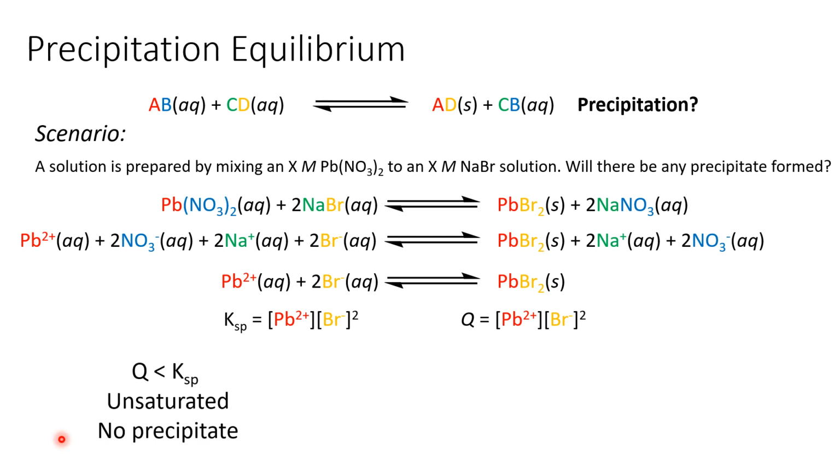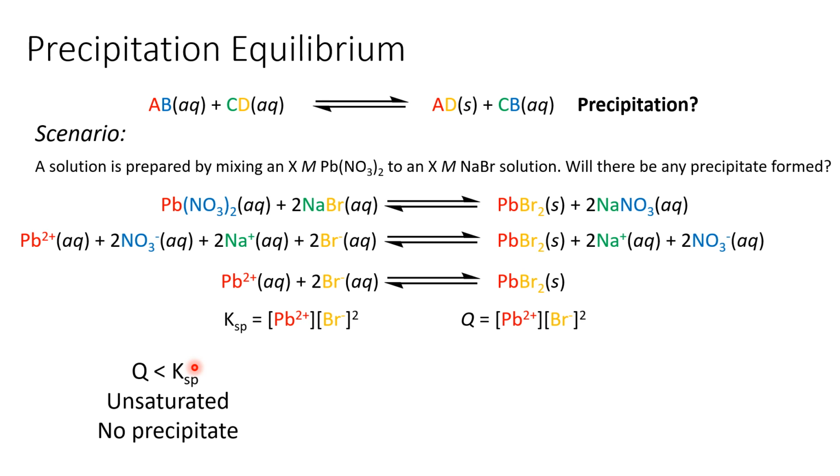Remember that if Q is less than K, what does that mean? Well, let's think about this when we learned about it before. When Q is less than KSP, what that tells you is that you have less products than what you would have if you were at equilibrium, right? Remember that equilibrium is products divided by reactants.